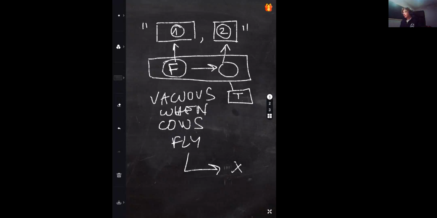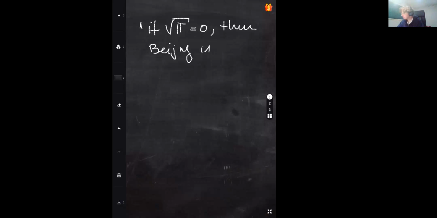Implications can also be true even if they are not connected logically. For instance, I can say, if the square root of pi equals 0, then Beijing is the capital of China, right?